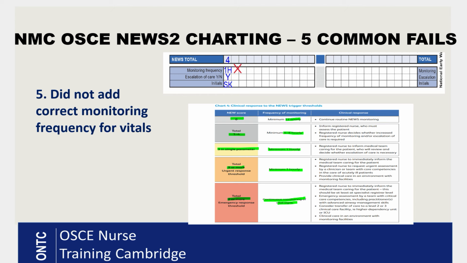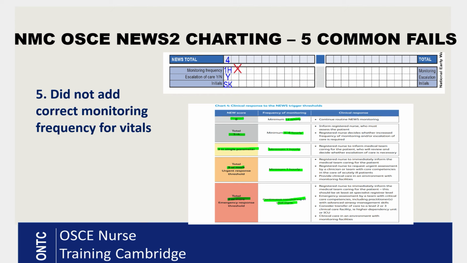Again, as a reminder, if you see my other video, I have already done a NEWS charting video in more detail, so you can go and have a look at it. But for a quick refresher, I'm putting the policy on the screen again. If your score is 0, you just monitor routinely, 12 hourly. If your score is between 1 and 4, you monitor 4 to 6 hourly.